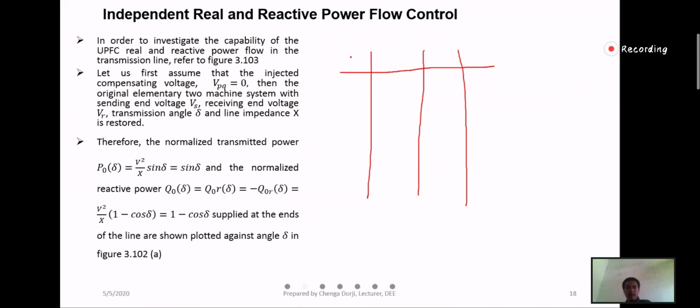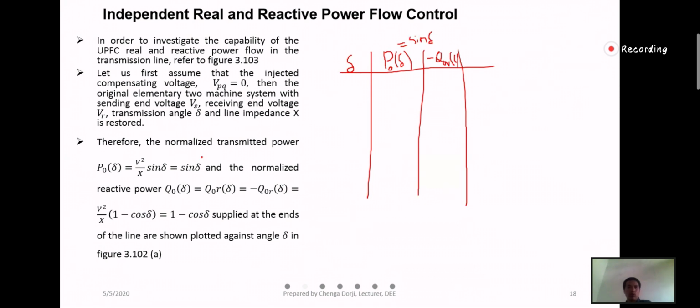Here you have delta, PO delta, and here you have minus QO delta. So PO delta is equal to sine delta.